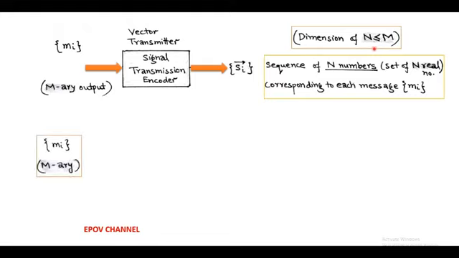For example, we consider M-ary discrete message Mi in the form of a sequence, that is M1, M2 up to capital M.